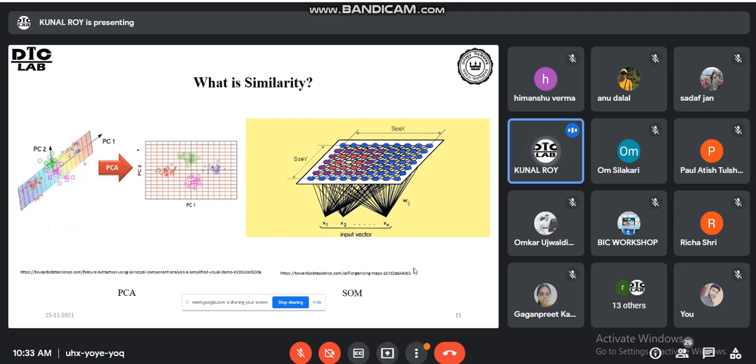When the compounds are projected here, similar compounds will be in a similar region of space. So we can select compounds which are in a similar region of space to the target compound. Based on that, we can get prediction. So in case of read across prediction, we will choose similar compounds to a target compound for prediction purposes.